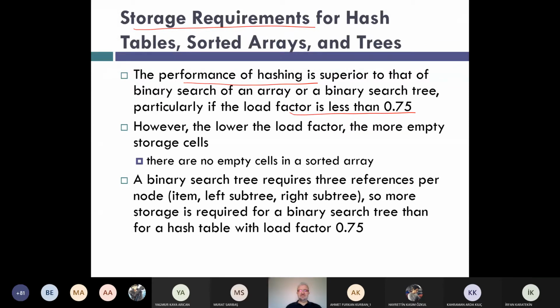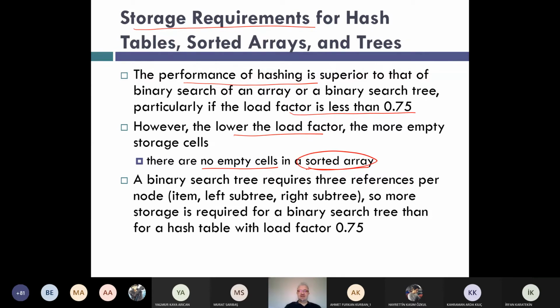However, in a lower load factor, we have lots of empty cells. On the other hand, sorted array doesn't have any empty cell, right? So based on the storage requirement, sorted array may be better.